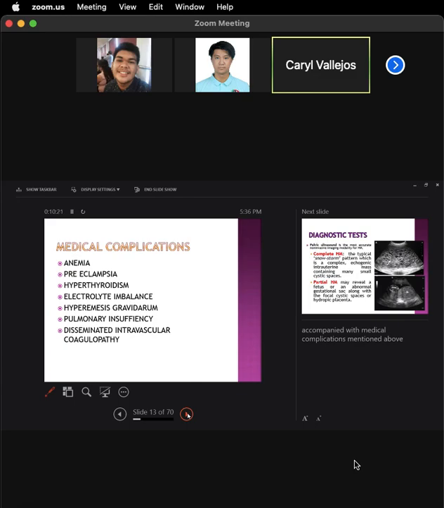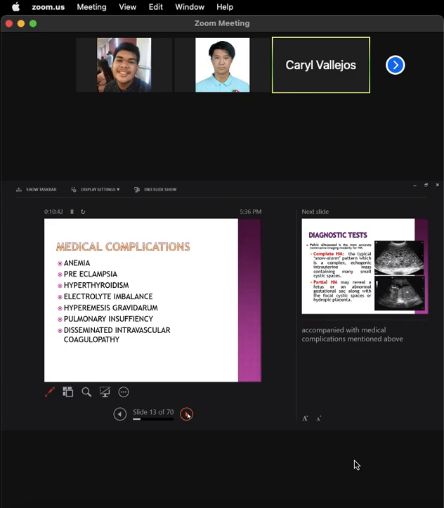And again, on the profile of the patient, there is elevated FT4 and decreased thyroid stimulating hormone. Meaning to say, the patient has hyperthyroidism, or we call it thyrotoxicosis, secondary to gestational trophoblastic disease.